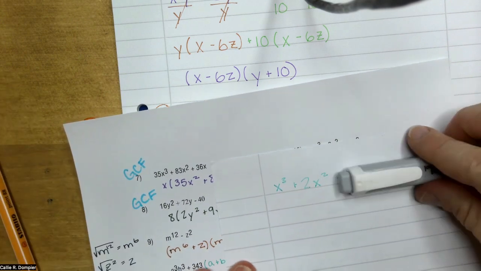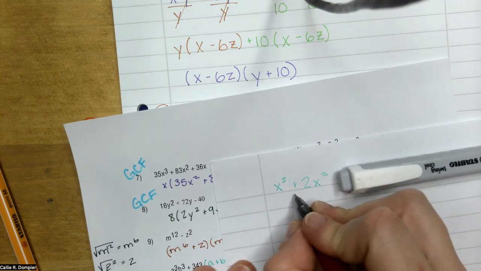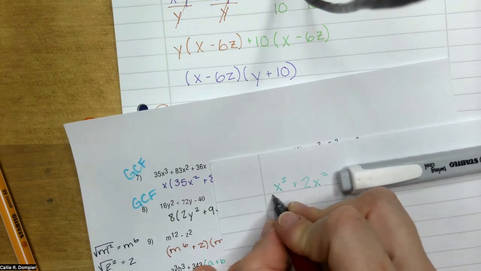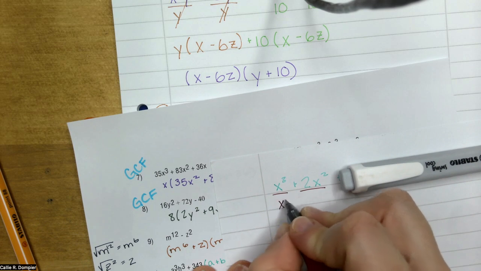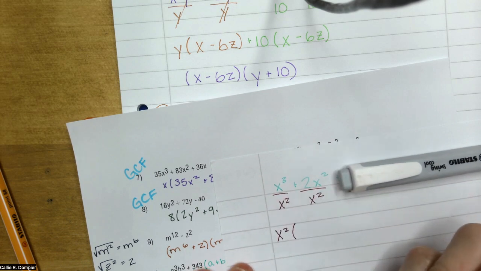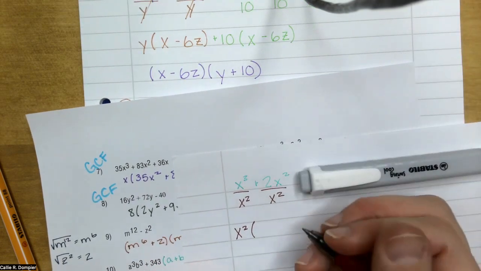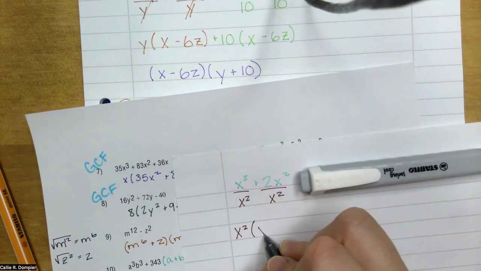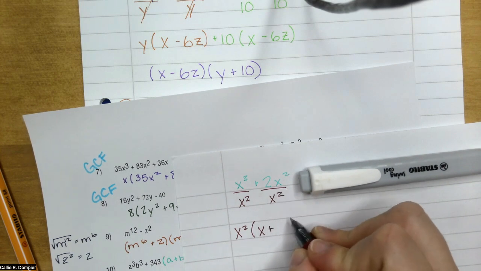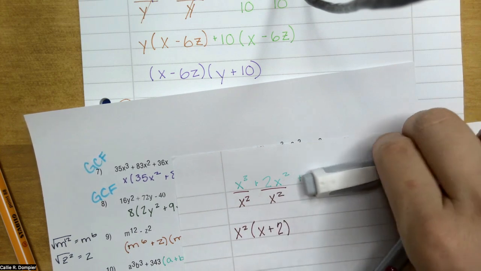So I would look at those first two terms. x cubed plus 2x squared. I can divide them both by x squared. x cubed divided by x squared gives me x. 2x squared divided by x squared gives me 2.